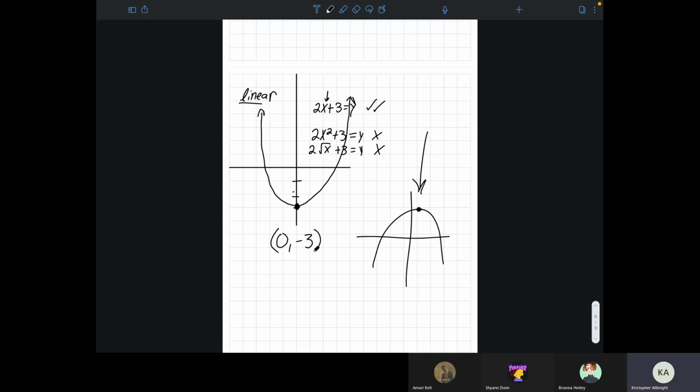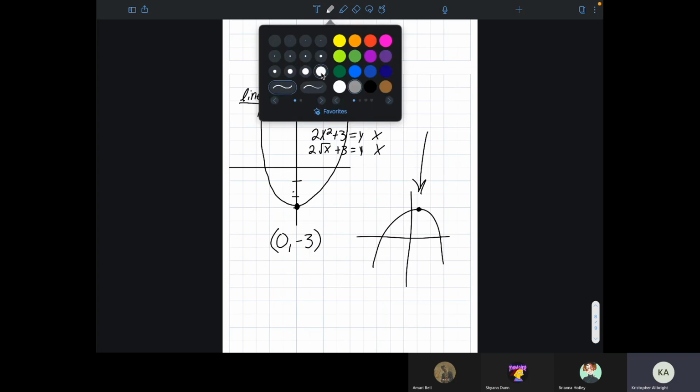So an axis of symmetry. Symmetry is how things look on both sides. So if something is symmetric, it's going to look the same on both sides. So you can think of this as in you put a mirror down and it's kind of reflecting itself across through the mirror. So if we put an imaginary mirror right here, let me make this bigger.